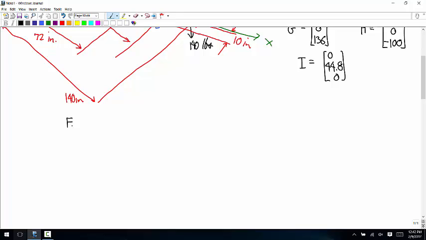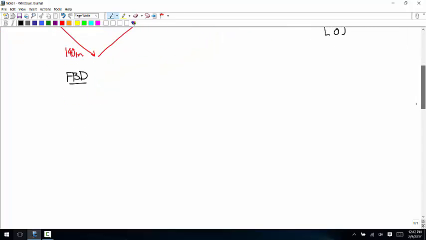And now I'm going to draw the free body diagram. So let's say we're isolating this.